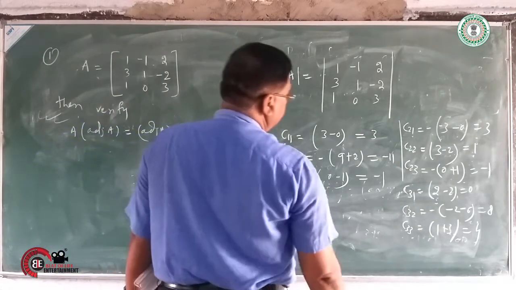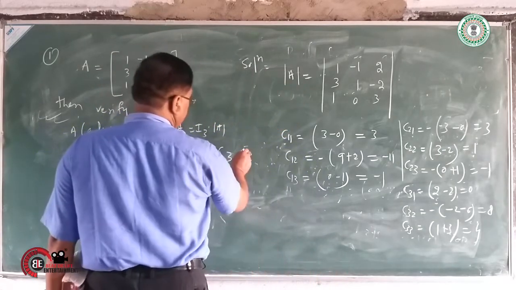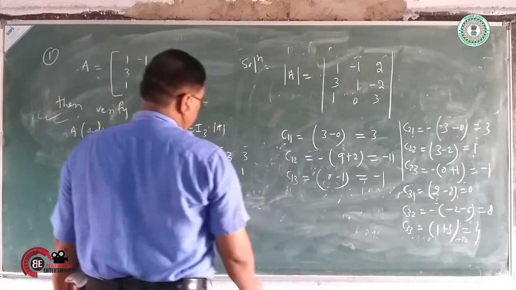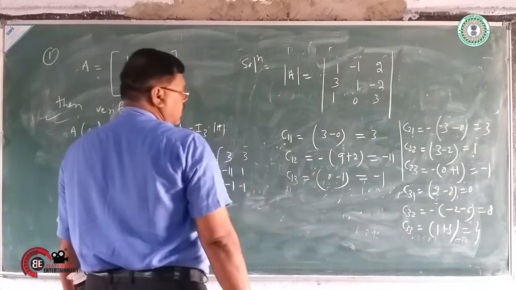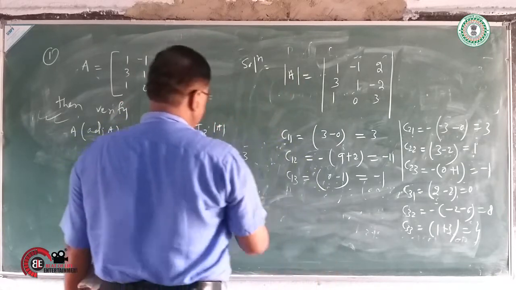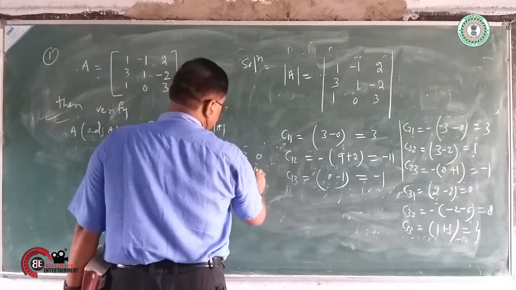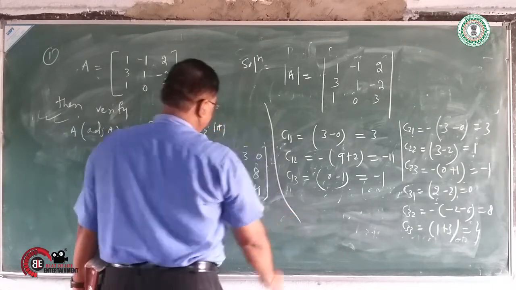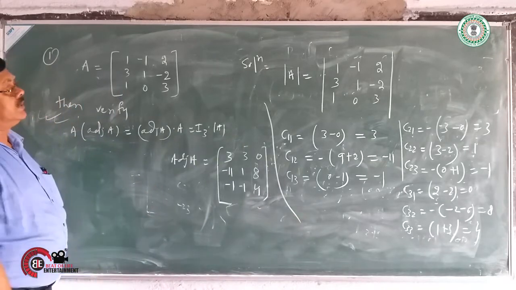Second column is 3, 1, 1. Third column is 0, 8, 4. This is the adjoint A.